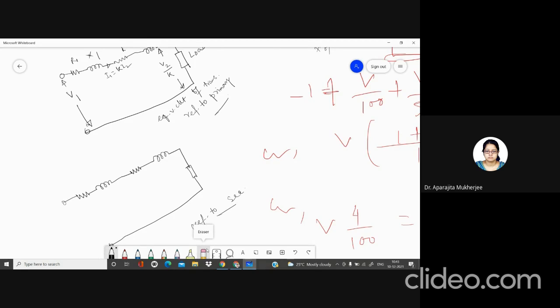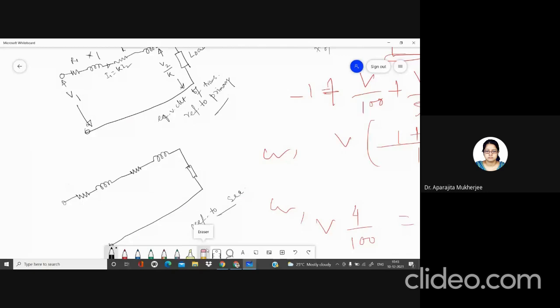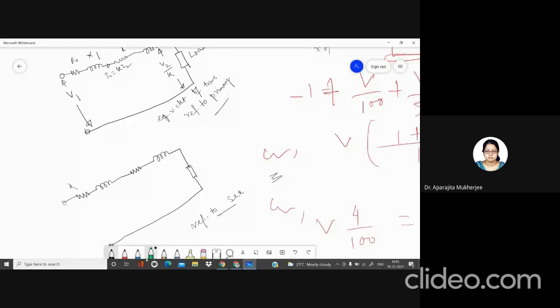So this value will be k square R1, and this is my k square X1, and this is R2, this is X2, and this is the load.